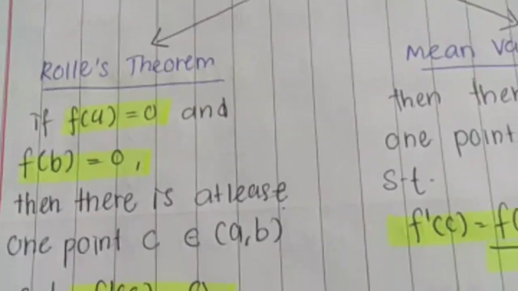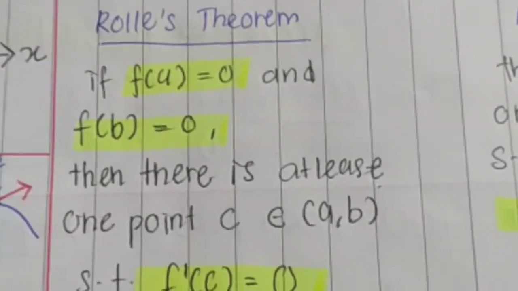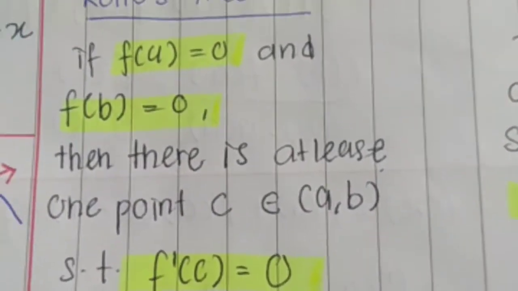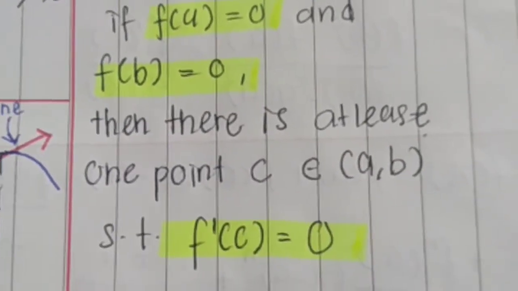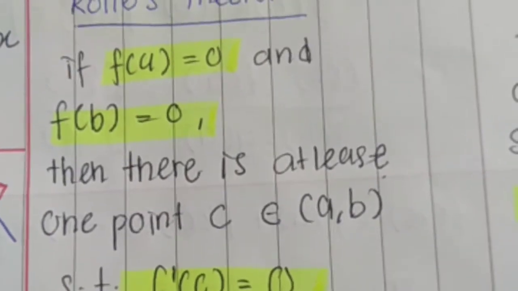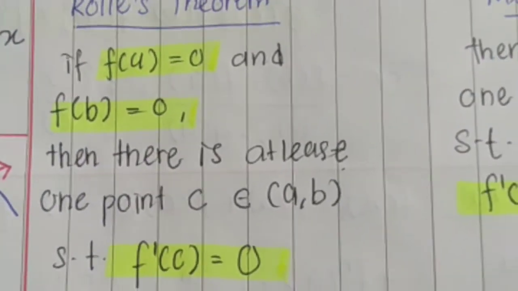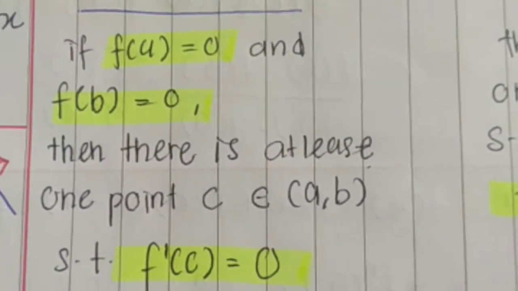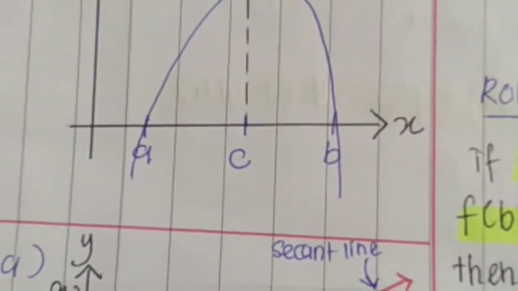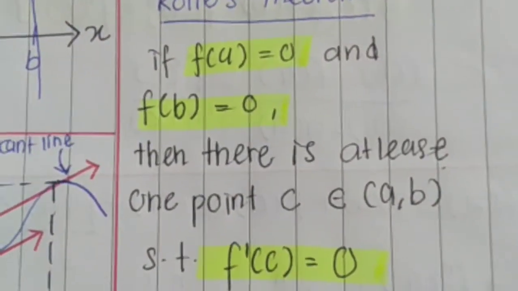So let's see the comparison between Rolle's theorem and the mean value theorem. For Rolle's theorem, if f(a) equals 0 and f(b) equals 0, the graph may look like this. Then there is at least one point c in the interval (a, b), such that f prime of c equals 0.